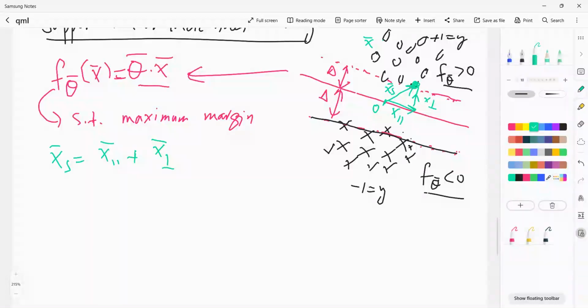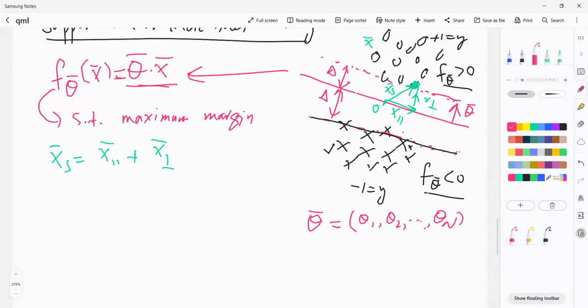If the equation of this plane is this, we know from geometry that if I make a vector theta, which is just a vector of these weights, let's say there are n weights, then this theta vector is the normal to this plane.